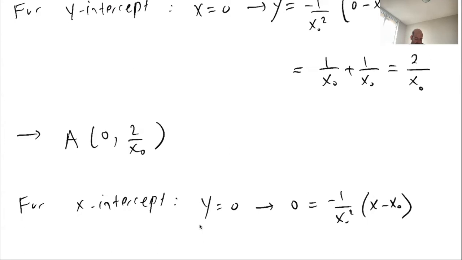And therefore, what will the area of OAB be? This length is 2x0, and this length, from point A, is 2 over x0.